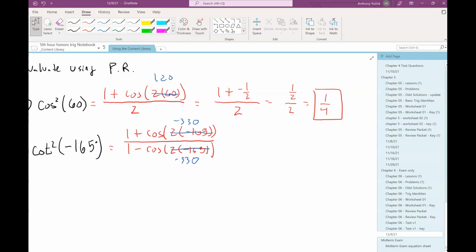Well, maybe something coterminal to it is a unit circle angle, right? My unit circle angles are all positive. So what do I need to do to find something coterminal to this that is going to be positive, Ella? Yeah, we're just going to add 360. So negative 330 plus 360 is just 30 degrees.